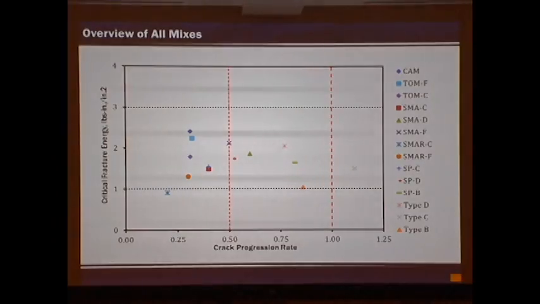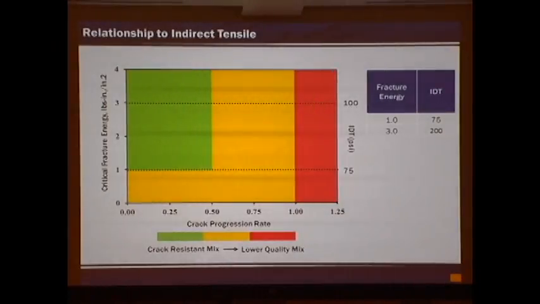And what we found out, let me go back, it really tied closer to IDT, a little bit outside of our spec limit, the 85 to 200, but roughly 1 is about 75 PSI on the IDT, and 3 was about 200 on the IDT. So it relates to that number you get off the IDT when you run it, just to give you an idea of how these parameters work.